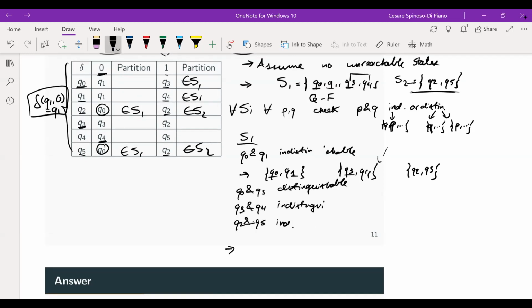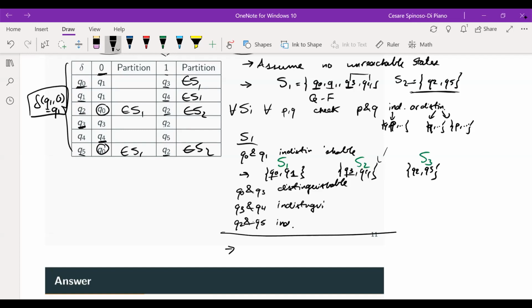I need to essentially repeat the same process again for each partition and for every pair in that partition, check indistinguishable or distinguishable. So what I need to do now is relabel these S1, S2, S3.